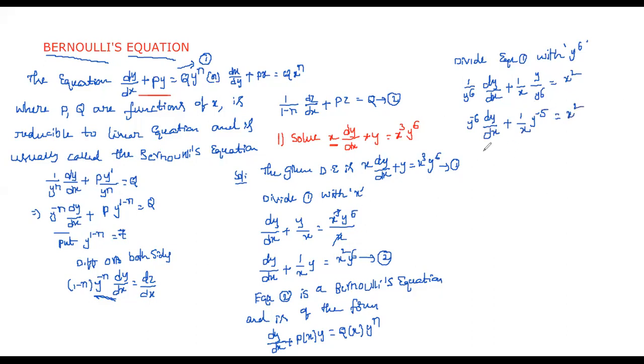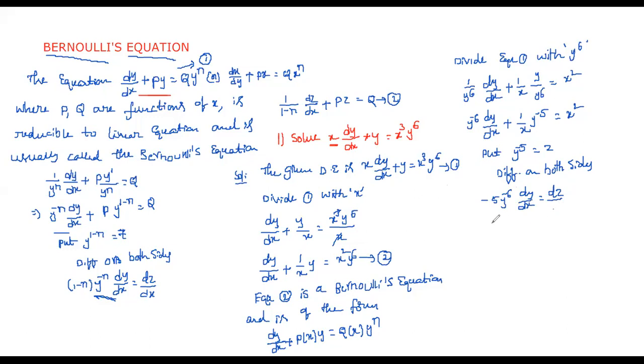Now we need to make it linear, so we have to use the substitution. Put y power minus 5 is equal to z. Differentiating on both sides, what will we get? Minus 5 into y power minus 6 dy by dx is equal to dz by dx.